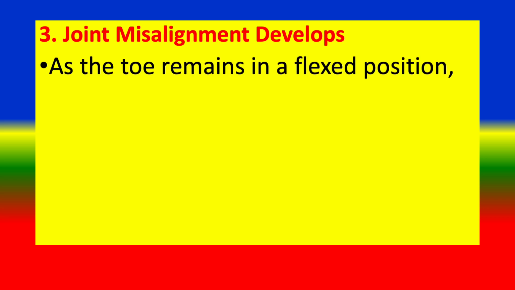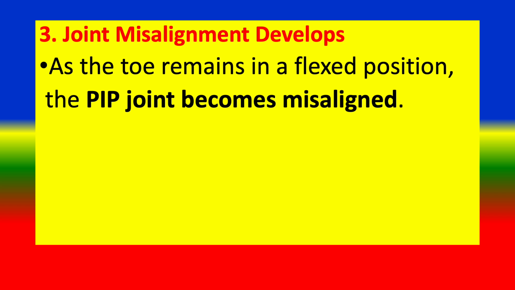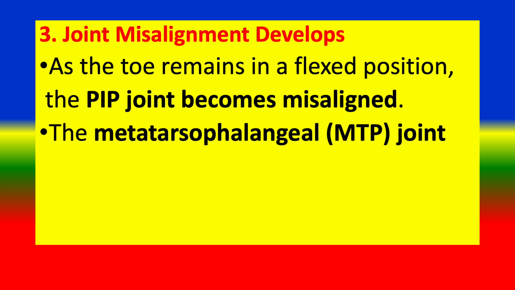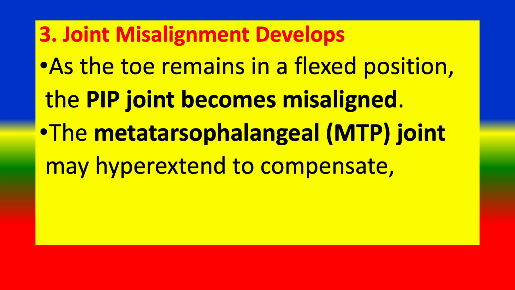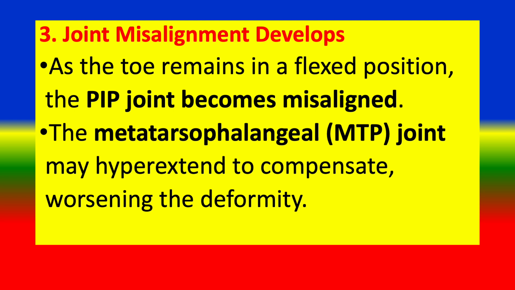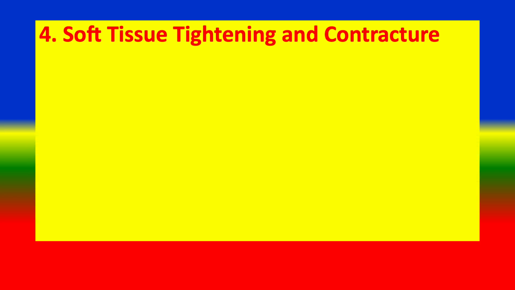3. Joint misalignment develops. As the toe remains in a flexed position, the PIP joint becomes misaligned. The metatarsophalangeal (MTP) joint may hyperextend to compensate, worsening the deformity. 4.